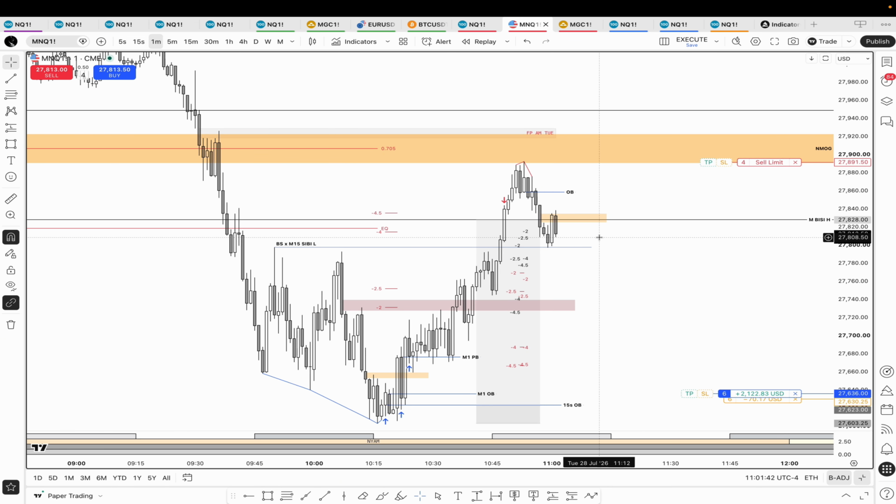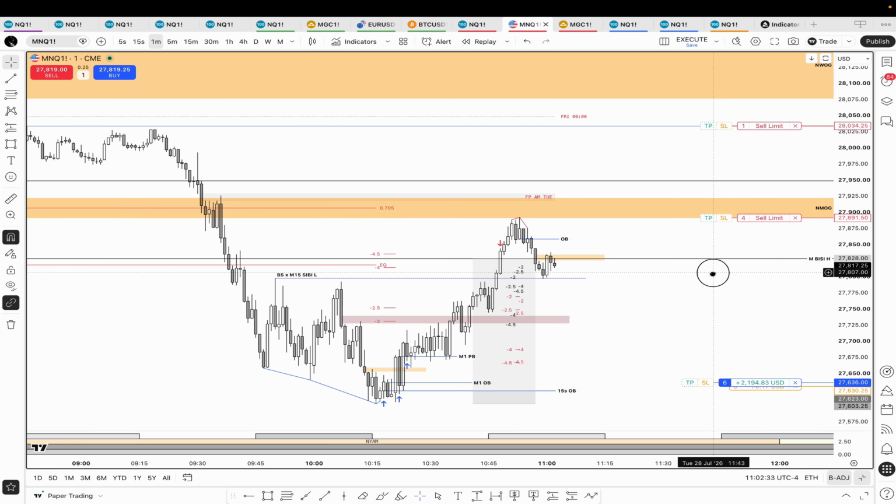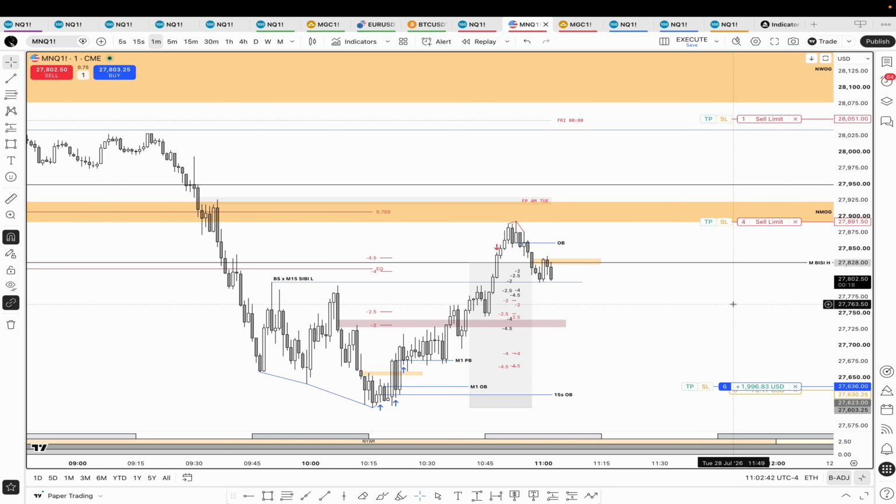And again, paying attention to the bodies, we don't have that closure above the SIBI that I'm looking to be utilized as an inversion. Yeah, so this is currently what I'm looking at right now in terms of how I'd be looking to manage the rest of the trade ultimately.